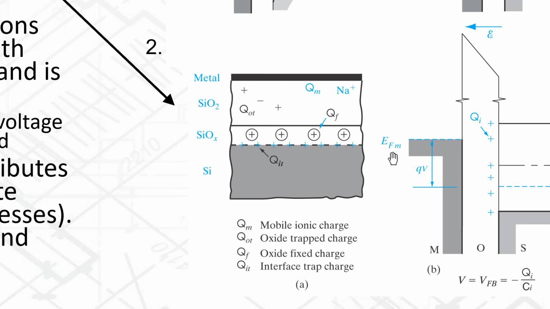Ions from the tap water got into your oxide. The positive charges in the oxide create an electric field, and that electric field alters the potential across the oxide, and that potential alters the threshold voltage. So your threshold voltages would change here.